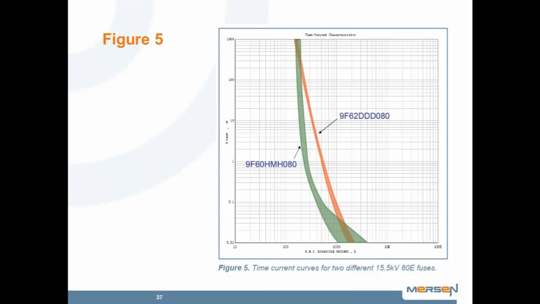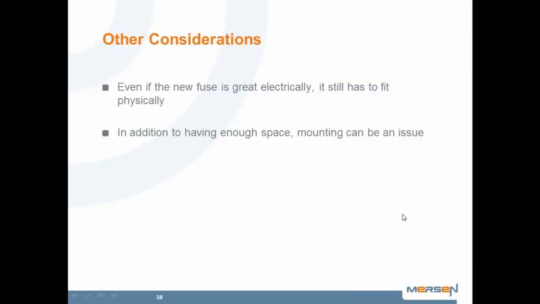So in this case, we have the original fuse 9F62DDD080. It's an 80E fuse. And this fuse has a more inverse characteristic, and it will operate quicker in the time delay region.